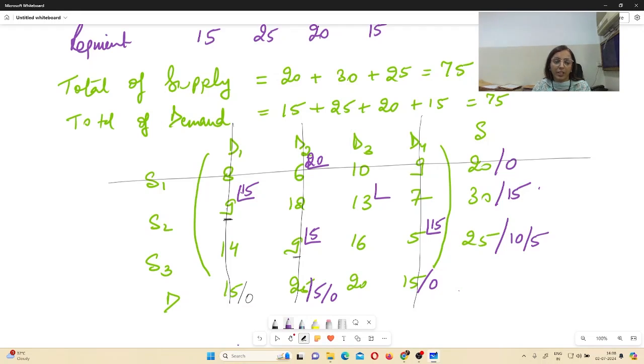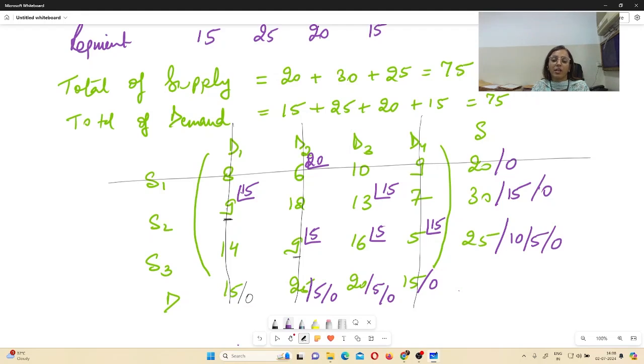And for 13, that is for S2 D3, how much can we give it? We can give it only 15. Yes, and this will be 0. And from 20, as we have given 15, the remaining part is only 5. When it is the remaining part, the last allocation is there. Yes, it will be 5 only. Now again it is 0, and this value is also 0.